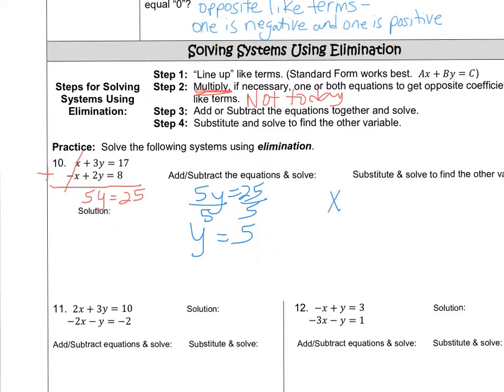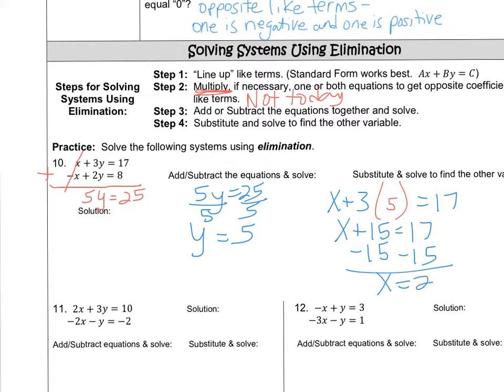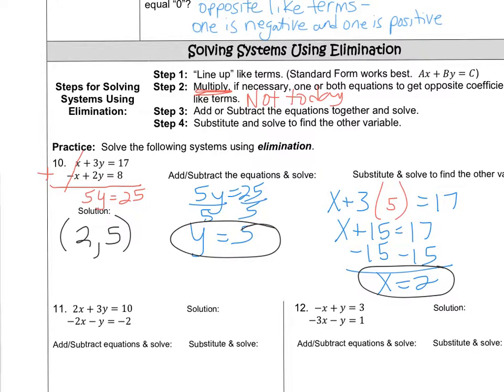So I've got x plus 3, and instead of y, I'm going to substitute in my 5, equals 17. So x plus 15 equals 17. I subtract 15 on both sides, and I've got x equals 2. So my solution is y equals 5, x equals 2, so my ordered pair is 2, 5. So that's how we do elimination.